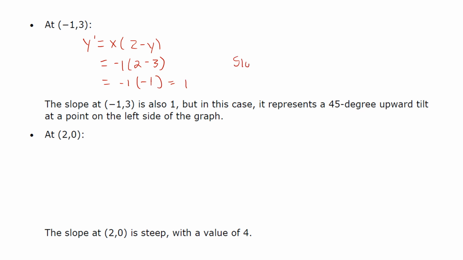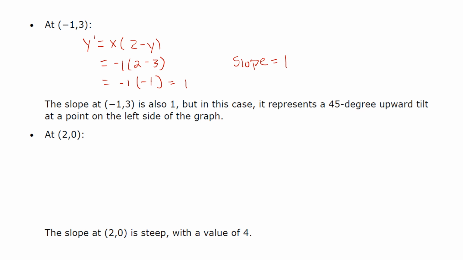So this is a slope of 1. At the point (-1, 3), we have a slope of 1, which in this case represents a 45-degree upward tilt at a point on the left side of the graph, because (-1, 3) is on the left side of the y-axis.